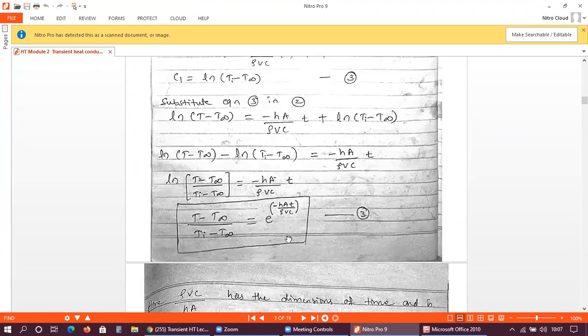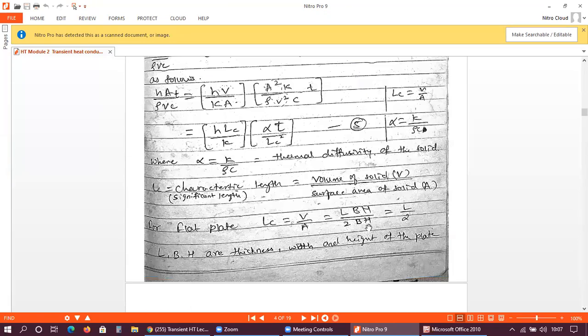If you take only this part, hAt divided by rho Vc, and try to simplify it, you can expand it into this form, by considering the characteristic length Lc equal to V by A, and alpha equal to k by rho C. Accordingly, if you expand it, you will get hAt by rho Vc equal to h Lc by k, which represents the Biot number, and the second part alpha t by Lc squared, which represents the Fourier number.